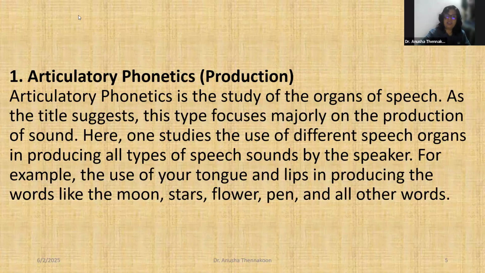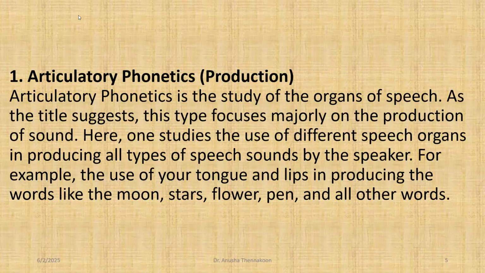So how we use our tongue and lips is different according to different words. So articulatory phonetics is about how speech organs function in producing sounds. That is basically about how sounds are produced.